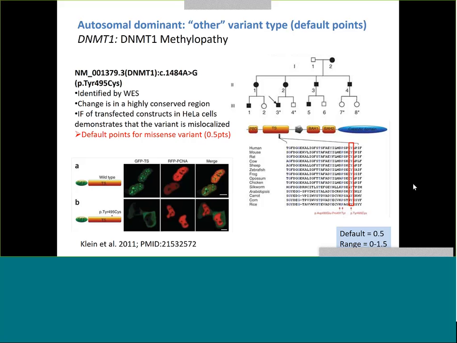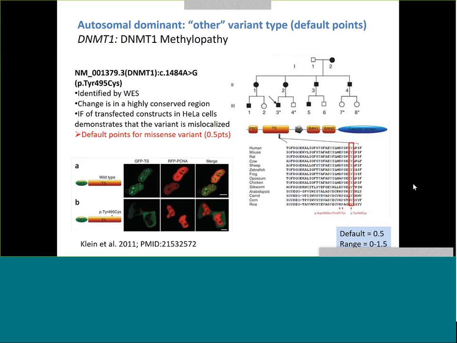Yeah, I could imagine a situation where you would see some segregation but not feel confident in calculating a LOD score for some reason or another, but you'd still want to acknowledge that it looked like there was reasonable evidence of segregation to allow the variant to have some default points. I think if you're counting a calculated LOD score, that probably shouldn't be double counted in the variant, right? Because you've already applied that line of evidence in the pedigree LOD score estimated calculation.